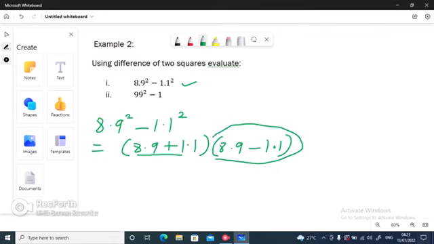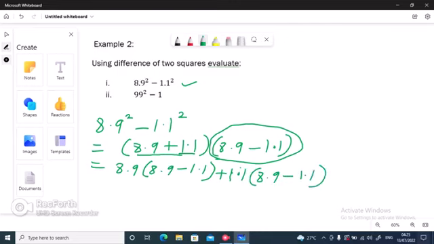Multiply everything here, which is equals to 8.9, put your bracket, 8.9 minus 1.1, close our bracket, plus 1.1, in your bracket again, 8.9 minus 1.1.